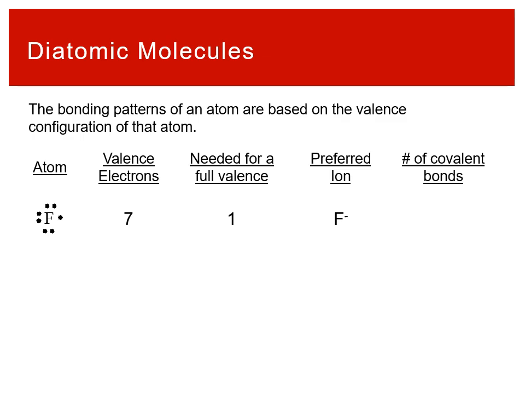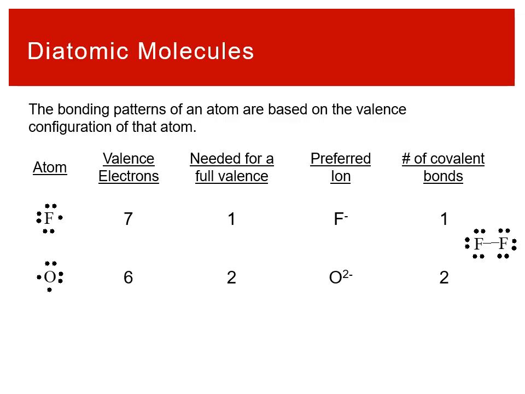Well, if it's going to do covalent bonding instead, it's going to form 1 covalent bond, which is what we saw. Each fluorine atom forms 1 covalent bond, right? They're each on one side of it. And so they each form a single covalent bond with 1 other atom, and that gets them 1 more electron towards their valence, giving them a total of 8 in their octet.